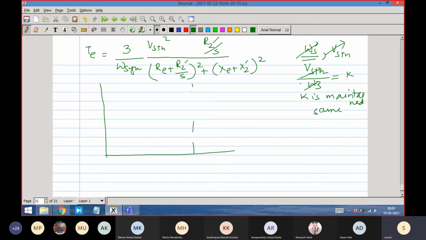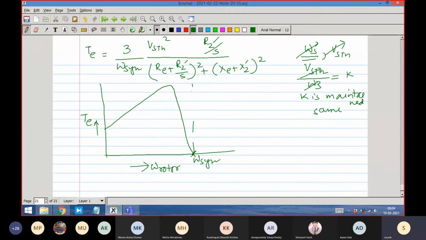And then what happens to the characteristics that we are trying to understand? So the original characteristics is, as you know, this is the torque and this is the actual rotor speed. Normally it is drawn in terms of the mechanical speed, so it is omega m. This is the characteristics we all know, right?